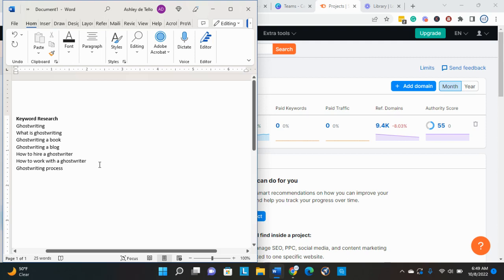So the whole point of doing SEO research is you want to write an article that people are looking for. It's the easiest way to get found: just write things that people are looking for.